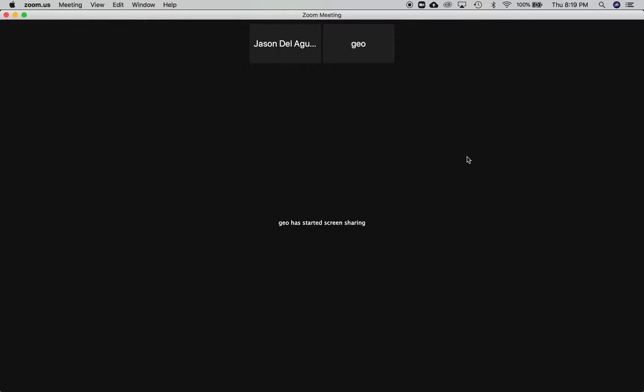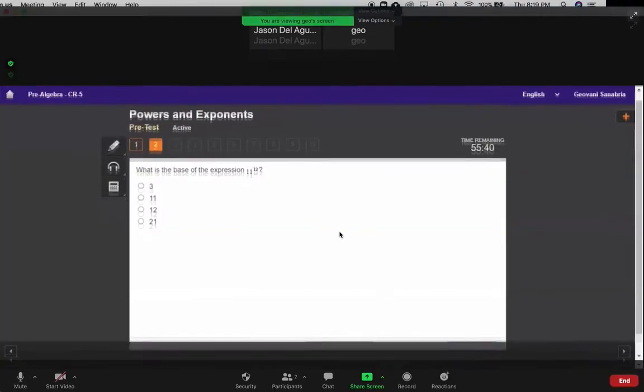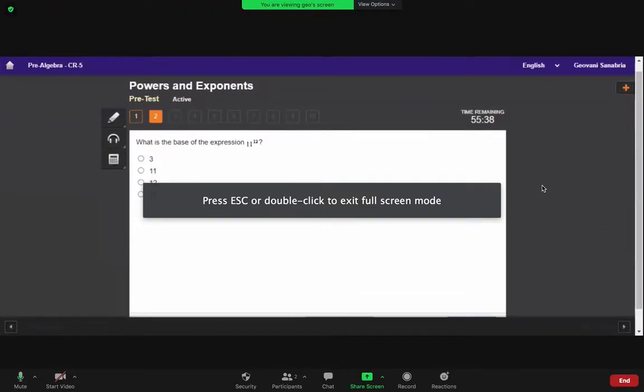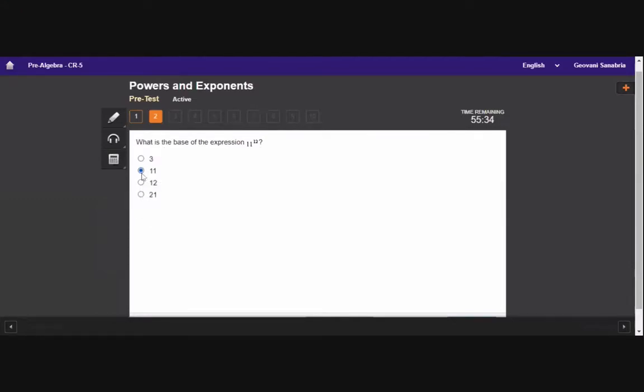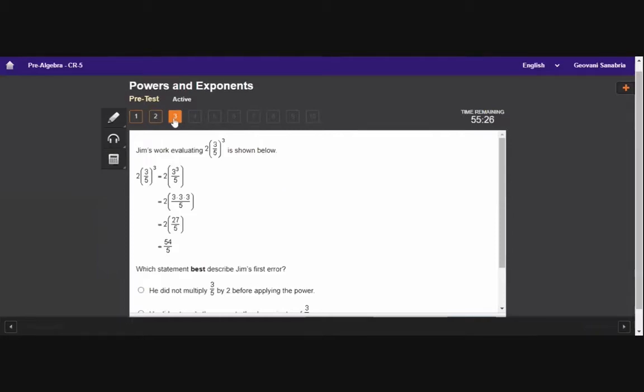What is the base of the expression? So it'd be the 11, right? Yep. And then the 12 is called the what? It's the exponent. Yep. They did do that. Okay.